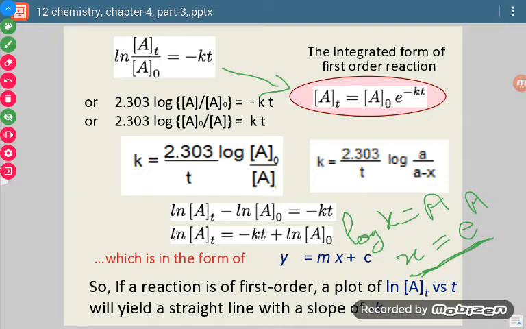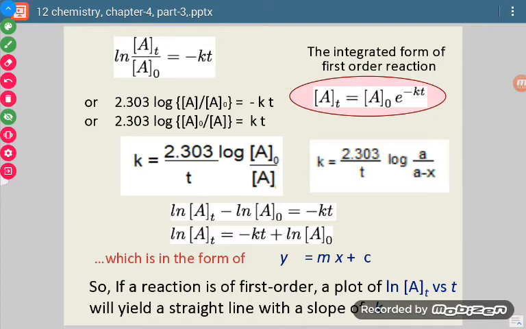This log is to the base e. We can write log to the base e, or we can write simply ln, natural log. Natural log of e is equal to 1. Now this has changed in this form.